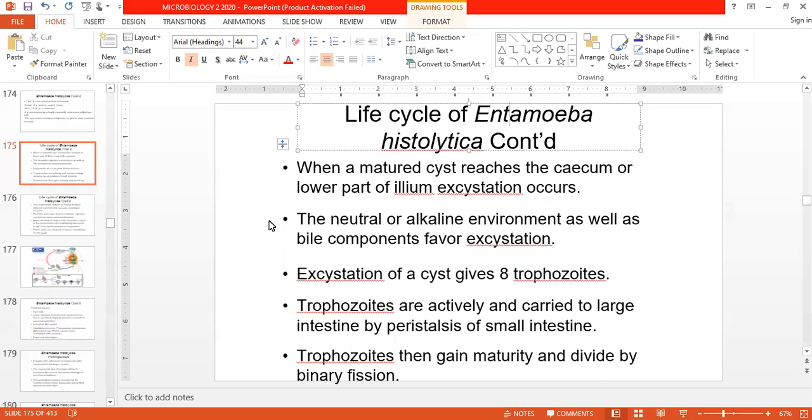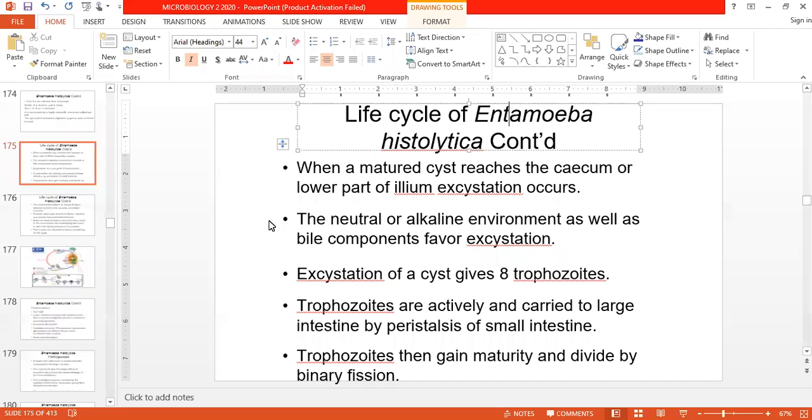So as I was saying, when you ingest a mature cyst, through your food or water, then in the stomach, because of the pH, nothing happens to it. When it reaches the lower part of the ileum, it uncoats itself. That's the excystation.